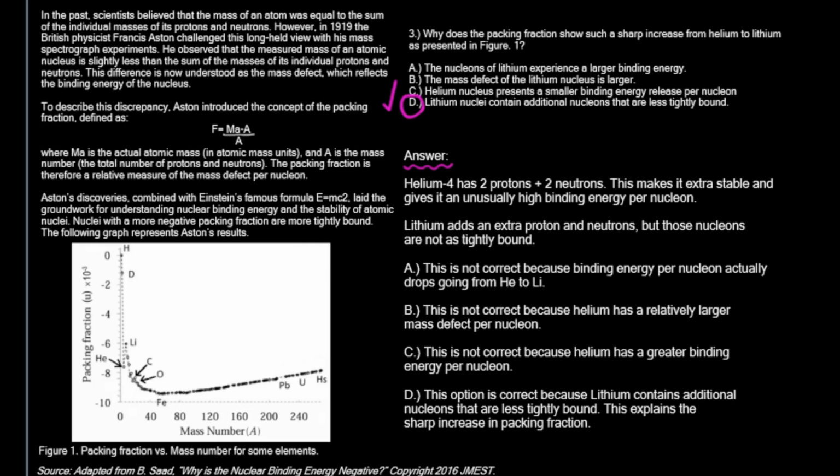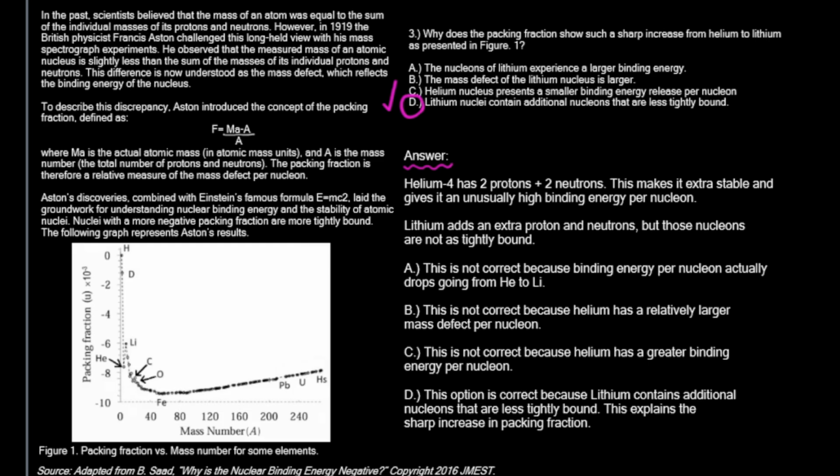Helium 4 has 2 protons and 2 neutrons. This makes it extra stable and gives it unusually high binding energy per nucleon. Lithium adds an extra proton and neutron, but these nucleons are not as tightly bound.